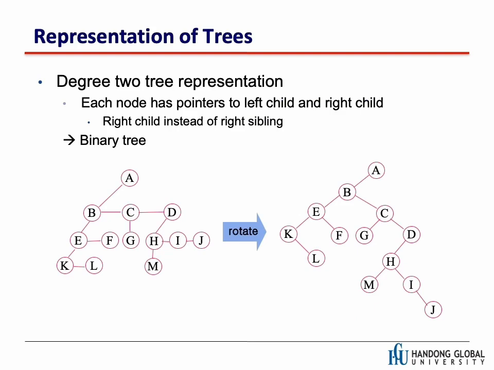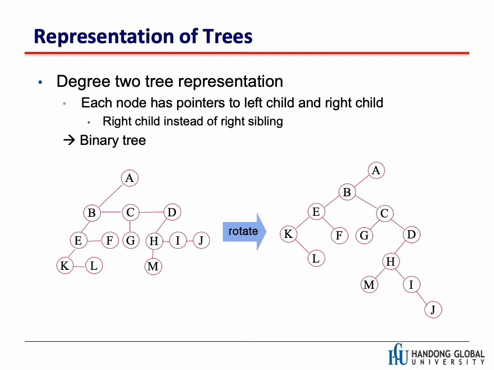Each node has pointers to the left child and right child. Actually, from the previous slide, we use right child instead of right sibling. So we assume that now our tree is binary. Binary means each node can have 2 children at most. So given a general tree with degree k, we can transform this tree into the right sibling tree.